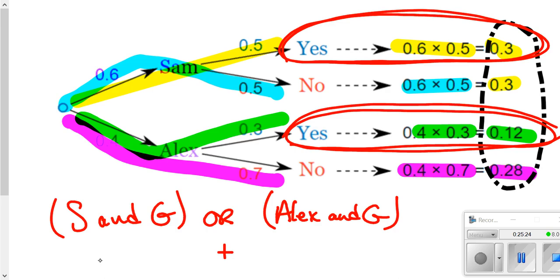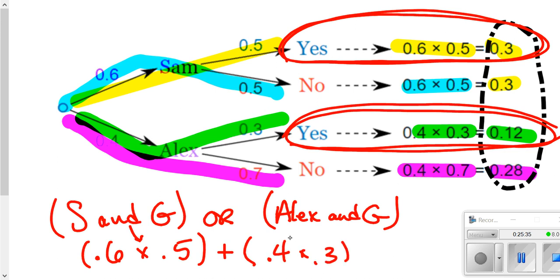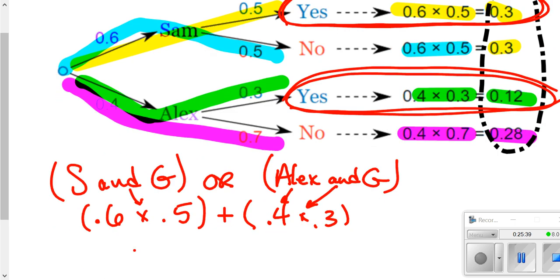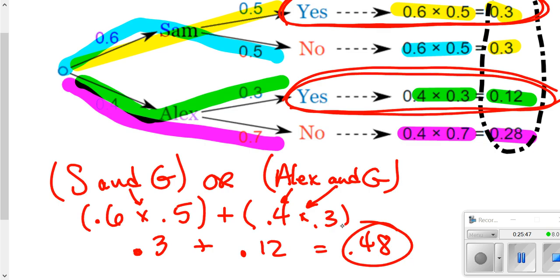Sam and goalie was 0.6 times 0.5. Notice and meant times. And this was 0.4 times 0.3, and meant times. And this was 0.3 and this was 0.12 for a total of 0.48. So I have a 48% chance of being goalie.